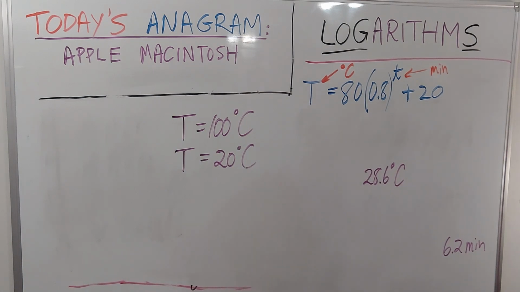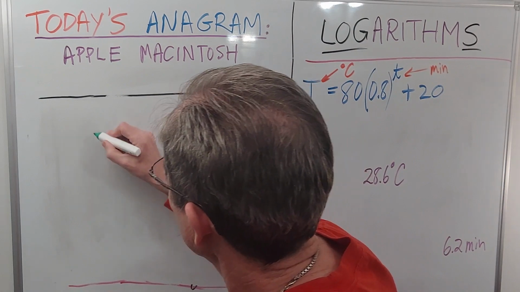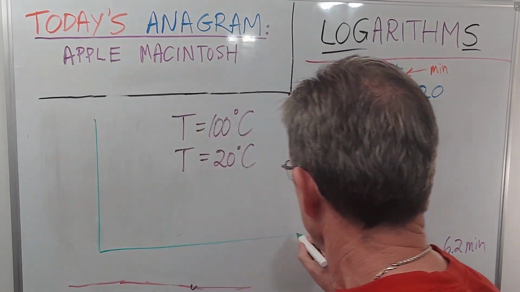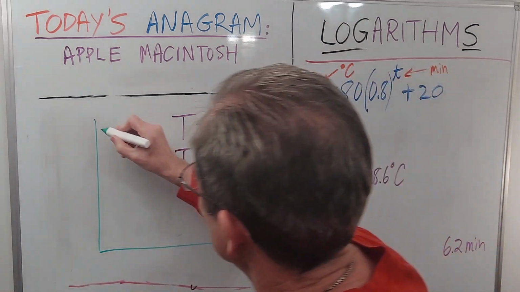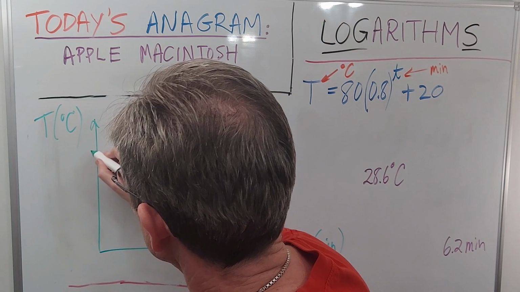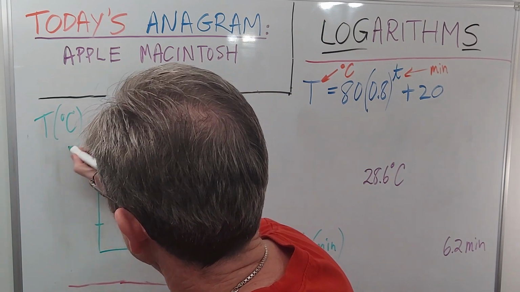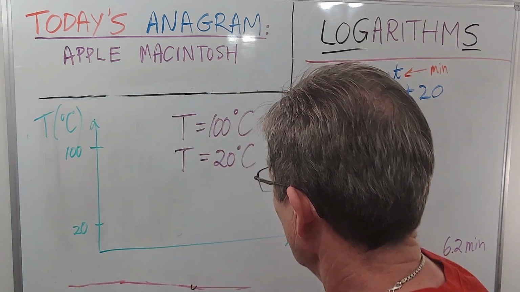Okay. So I'll graph it over here. This is time in minutes. This is temperature in degrees centigrade. That was 100. That's 20, let's say.